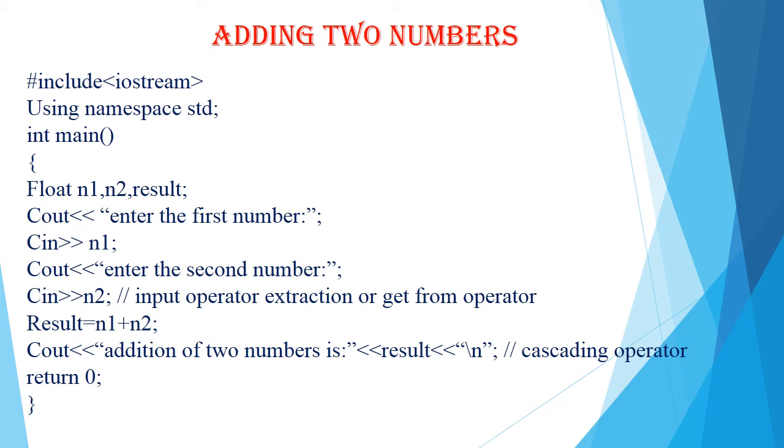Here, the cout statement is used to ask for the first value and the cin stores it in n1, and the second to get the second value, stored in n2.